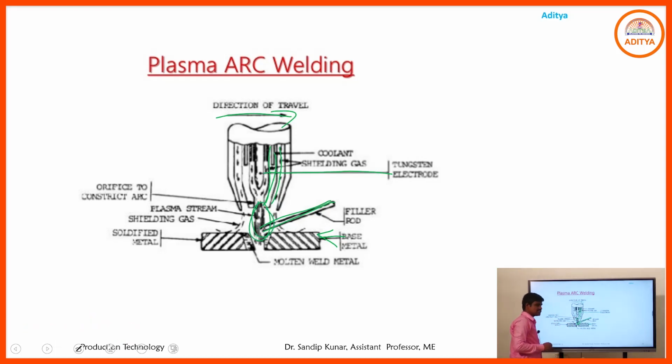That arc melts the metal, and then it is joined. Then the solidified metal. Shielding gas is provided to the electrode, and the orifice constricts the arc. Through that nozzle we supply the plasma gases.